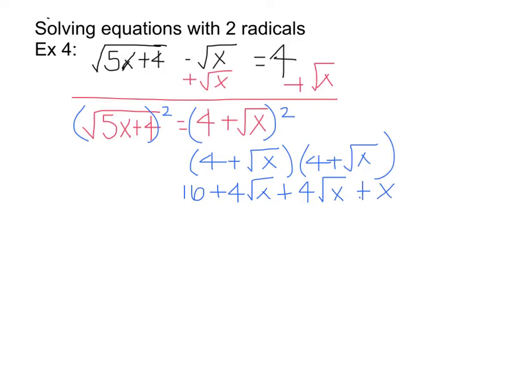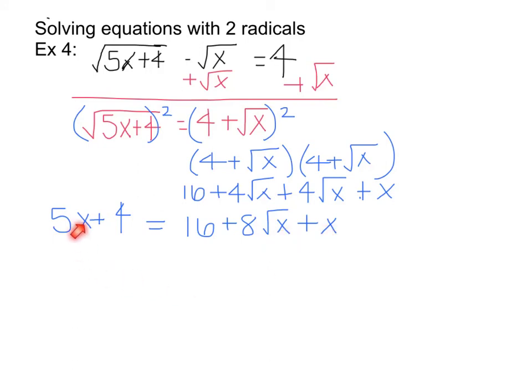Okay, let's combine like terms. So that gives me 16 plus 8 square root of x plus x equals 5x plus 4. Now after you FOILed, you notice that you still have a square root of x.